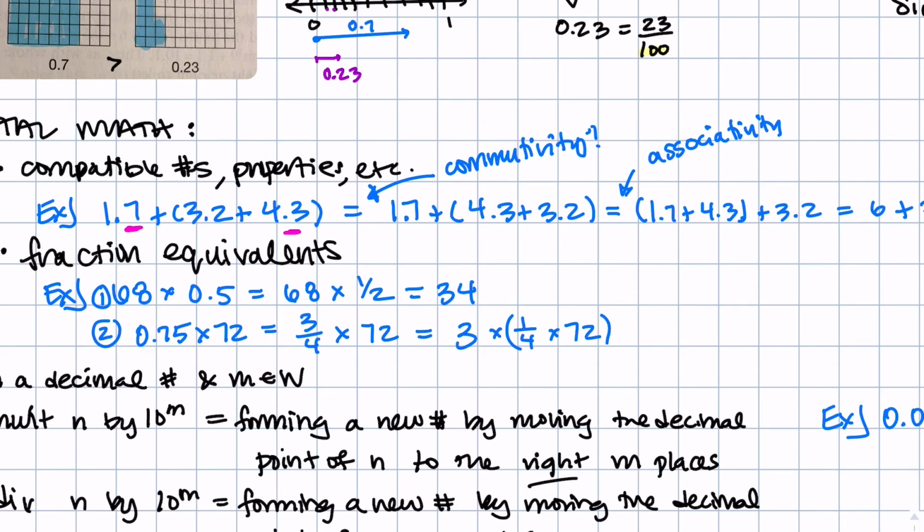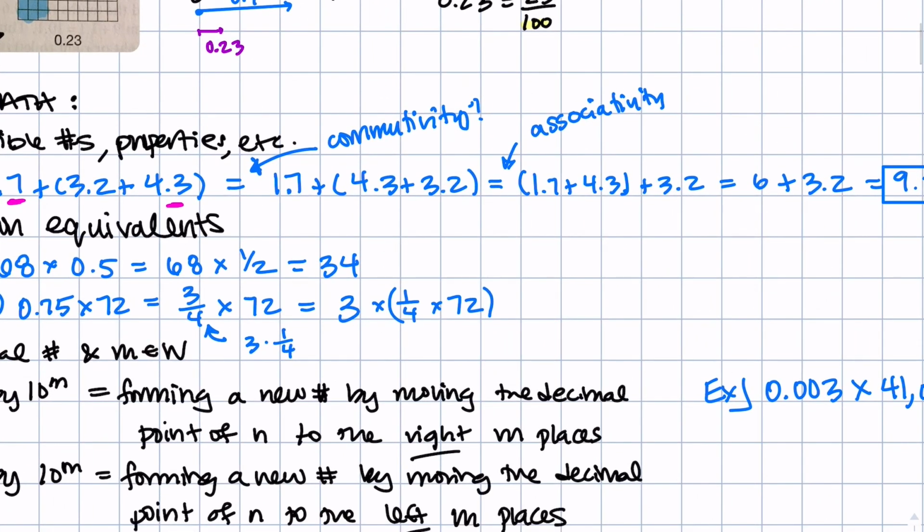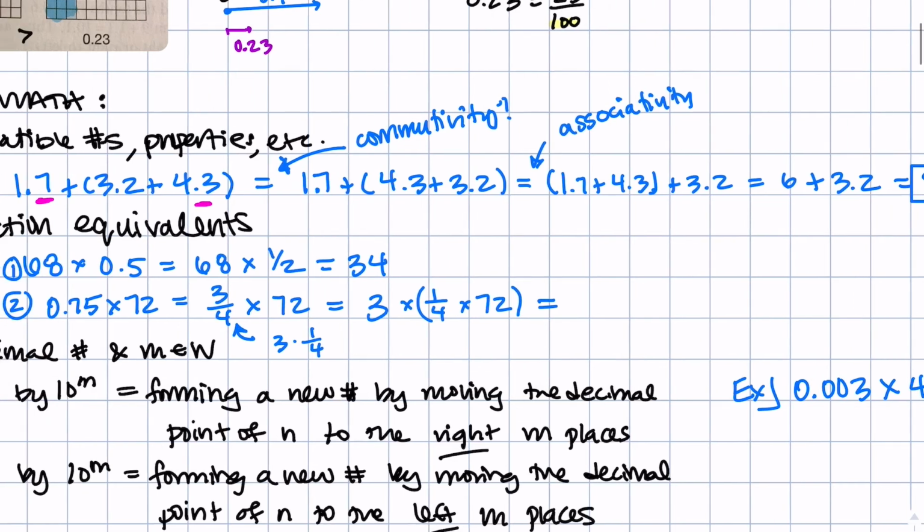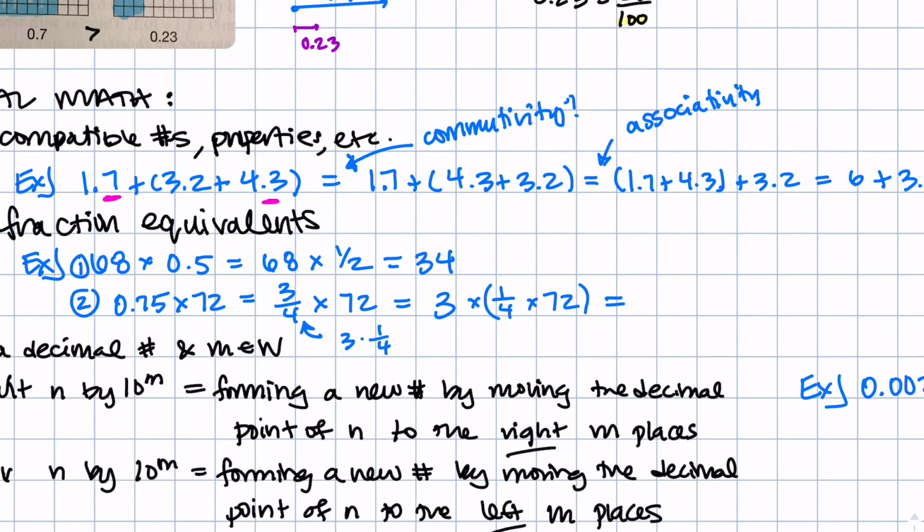So I'm making 3 fourths 3 times 1/4 and using associativity. Then this makes this a little bit easier to compute. So I can take 72 and divide by 4 or multiply by a fourth, same thing, right? And that is just 18. And then multiplying that number by 3 gives me 54.